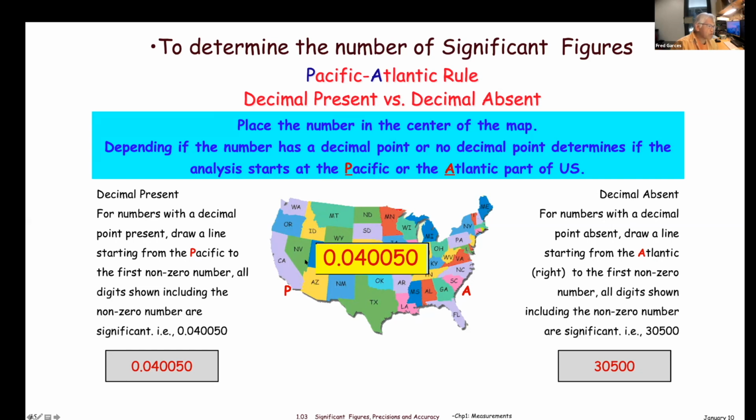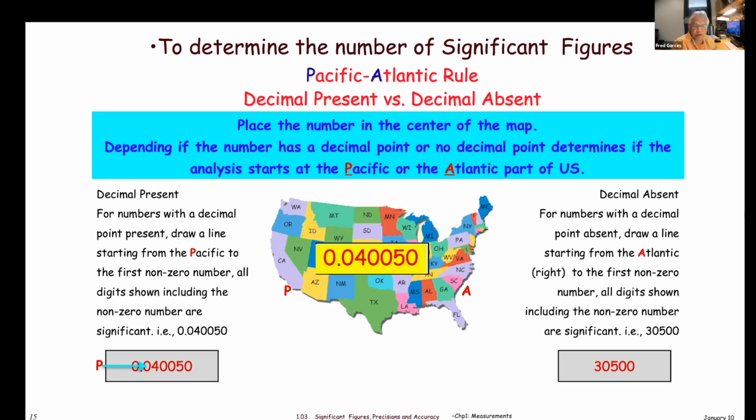So what you do is draw a line from the Pacific Ocean to the first non-zero digit, and the first non-zero digit is 4. All digits after that, the 4, the 0, 0, the 5, and the 0, are significant. So this number has 5 significant figures.